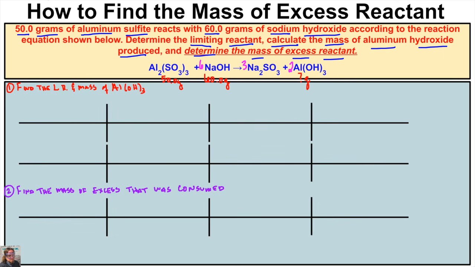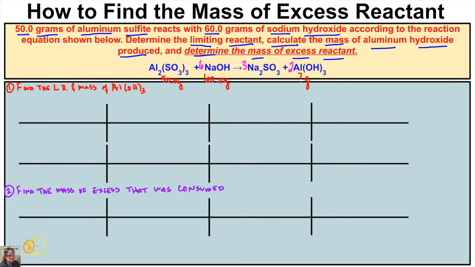Once we figure out the mass of the excess reactant that was consumed, in our third and final step, we can then subtract that amount from the initial amount of the excess reactant to figure out the mass of the excess reactant that is left over.